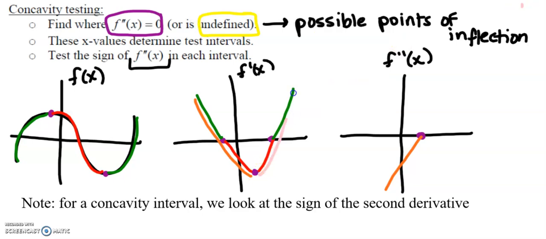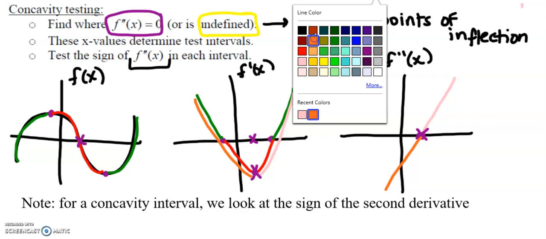This part is increasing, which means the derivative should be above the x-axis. All right, well, let's put this together then. This x value happens to be right there. What a coincidence. It's not a coincidence, it's how it's supposed to happen.